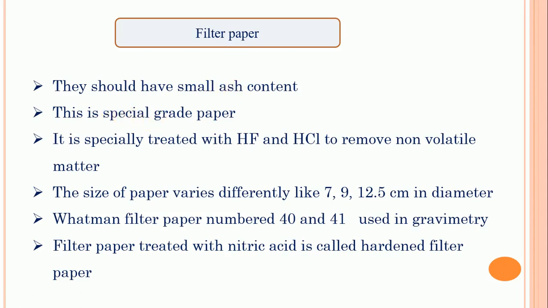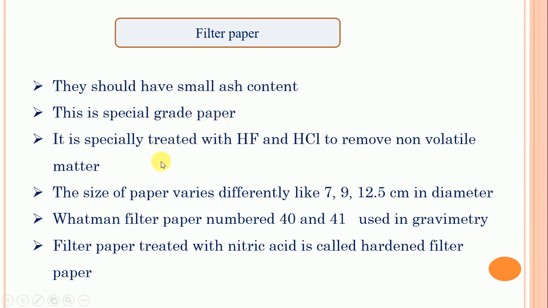Why special grade? Because it is treated with HF and HCl to remove the non-volatile matter, so the paper does not have any non-volatile matter. Therefore this is called special grade paper. It is not an ordinary paper.